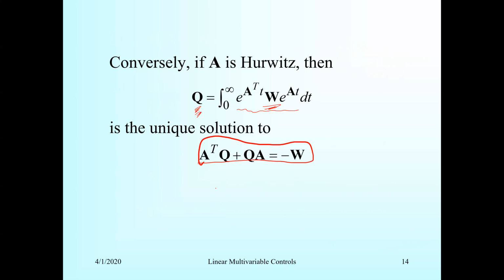Roughly, you can say that doing this is so hard, but solving this is relatively easy. Remember, I also put Q symmetric, so then you only have half.